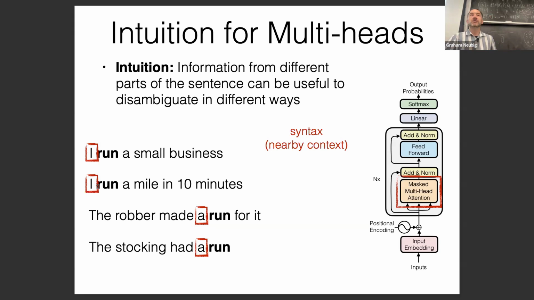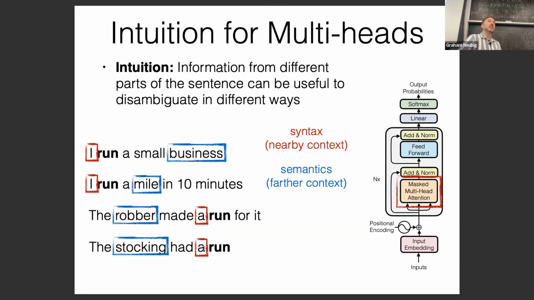So to disambiguate between nouns and verbs, we need to look at very nearby things. To disambiguate the semantics, we need to look at farther away context, like surrounding nouns or verbs or other things like that.